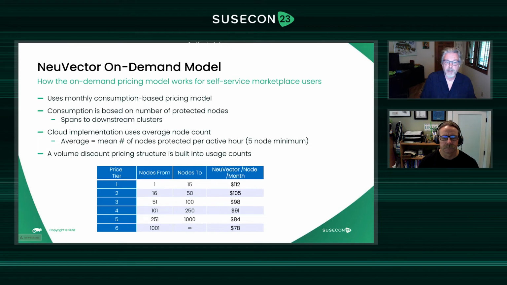So it will not be the first 15 at 112 and the next three at 105. It'll be all 18 at 105. It really is a volume based pricing model. It'll automate these pricing differences, calculate it for you, and report it to the marketplace based on your usage in arrears. So it really is an on demand monthly system that counts the usage and reports to the systems, and then the billing comes to the CSP.